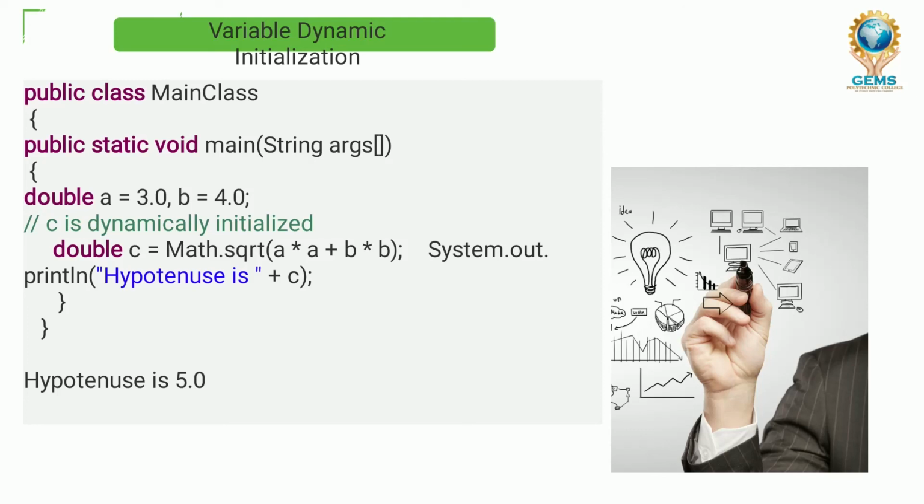But where variable c lives, until program execution we couldn't say the memory of this particular c. So at the time of execution only, the variable c will get the memory. This initialization is called dynamic initialization.